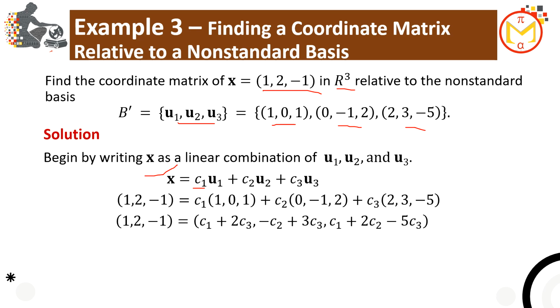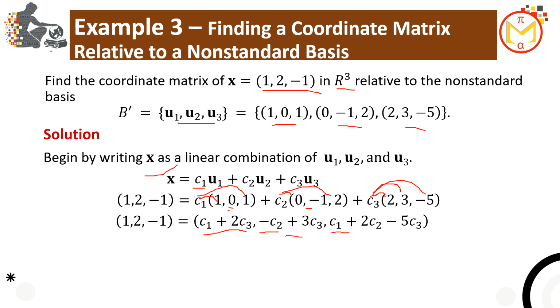Again, in here, we multiply the first term, so C1 plus 0C2 plus 2C3, and that is our first component. For the second component, this is 0, and then negative C2, and then 3C3. And for the last component, C1, and 2C2, and 3C3, equal to -5.